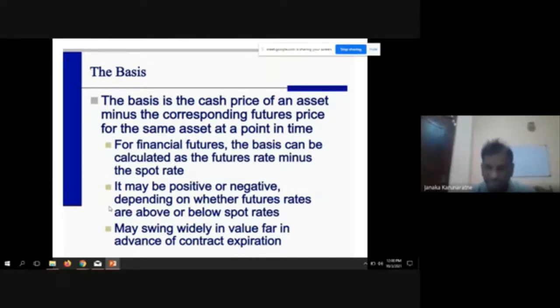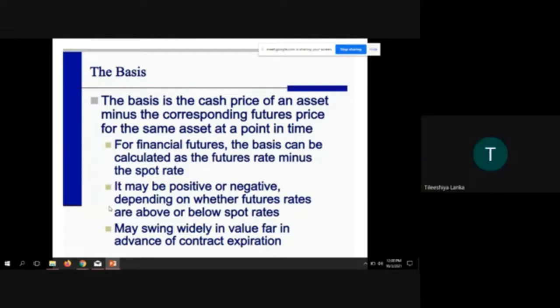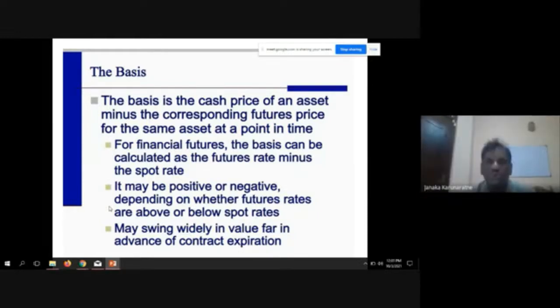Now let's say you have euro dollar deposits, US dollar deposits, in your balance sheet. If you want to place more deposits, what is the rate at which you place the deposit in the current market immediately?